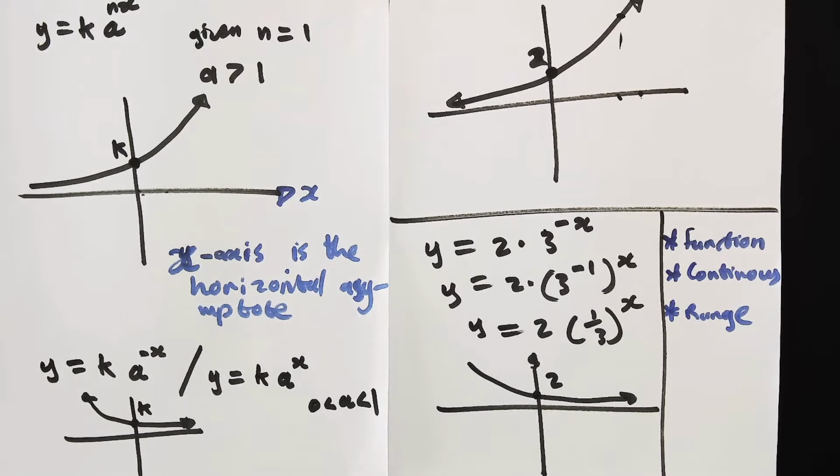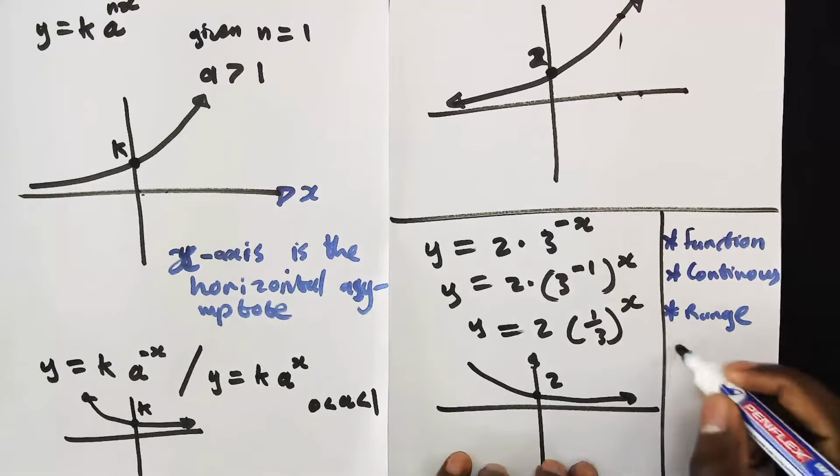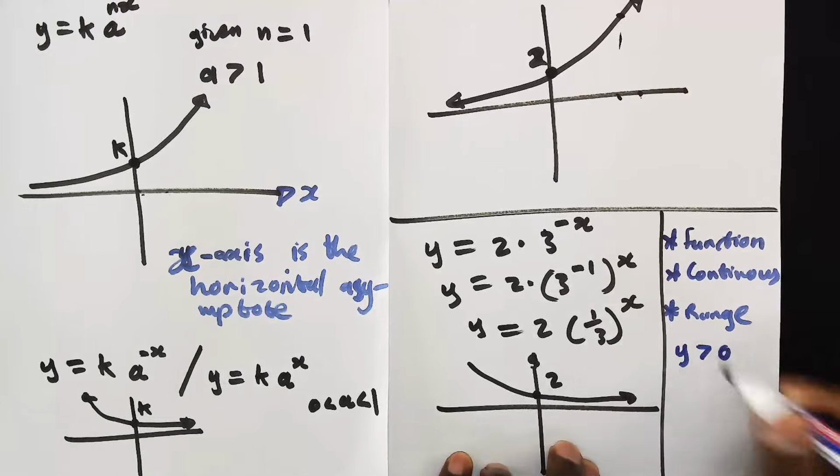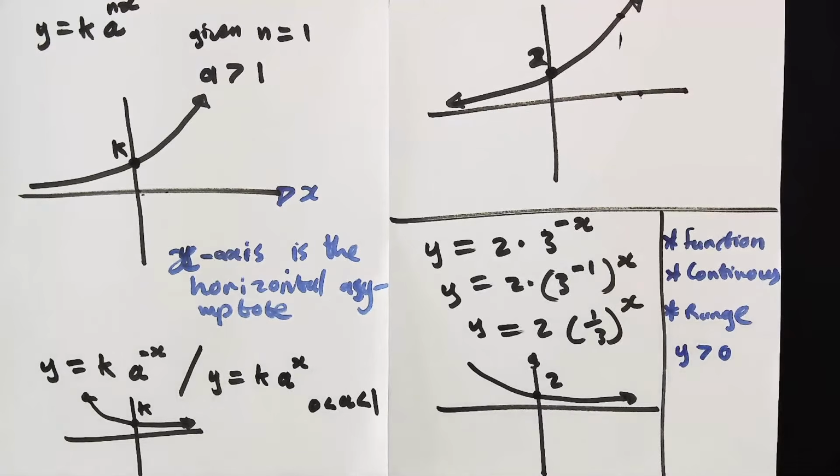Good. So y must be greater than 0. Below 0, the x-axis, I hope you see we don't have y values. But it will decrease to infinity on the x side, going up on y values. Y values will keep on increasing.